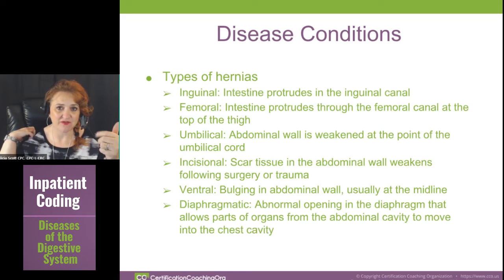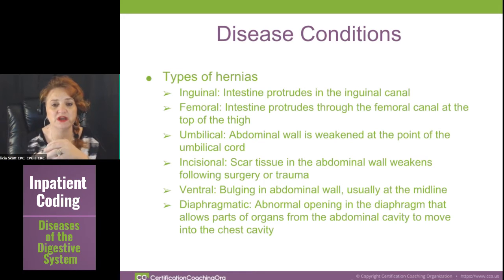So what types of hernias can you have? Well, inguinal will be intestines down by the inguinal canal. Femoral is going to be intestines that are down by the femoral canal, which ends up being at the top of the thigh, right? The femoral area. Why do we need to know the terms for the bones and things?